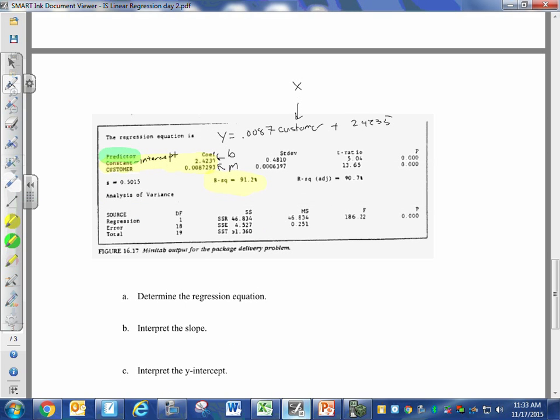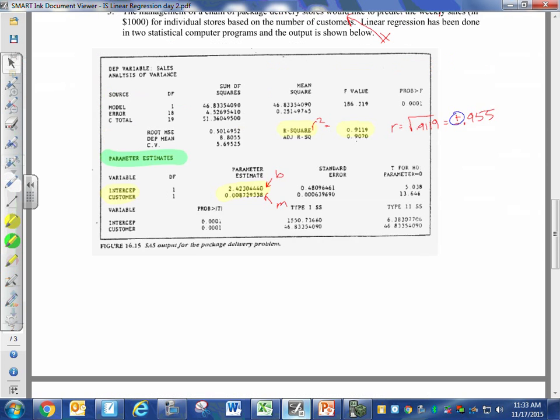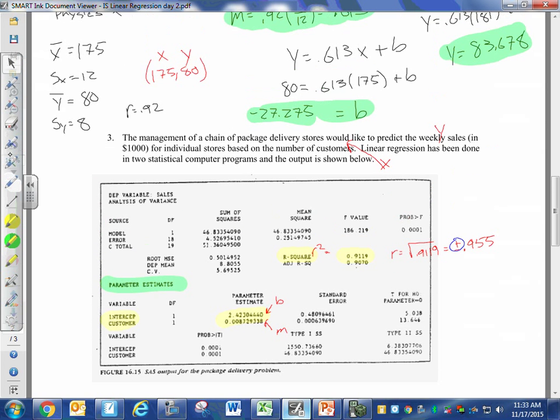The regression equation y equals mx plus b. In here, it'll be 0.0087. You can either write x or customer plus b. Now, what's really important is for this question, just so you're not confused, this question is weekly sales in thousands. In thousands.